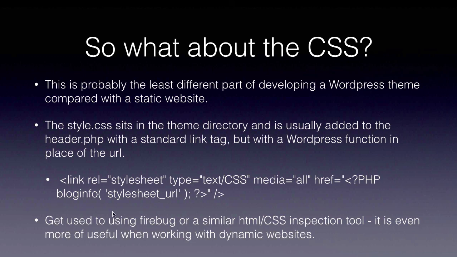So it offers some functions which will return things like the directory of the theme or the style sheet URL and things like that. This is how you would normally link to the style sheet in a WordPress theme, using bloginfo stylesheet_url. And that again is why your main style sheet is expected to be named a particular way, in the case of WordPress, style.css.